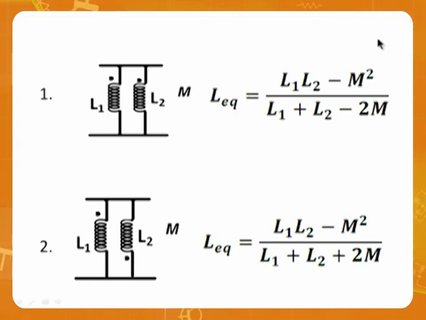This can also be derived, but this derivation is left to the student; this is the conclusion. So we have seen equivalent for series with both dots, and we have taken parallel both dots, opposite and same. This is all introductory ideas to enter into further problems.